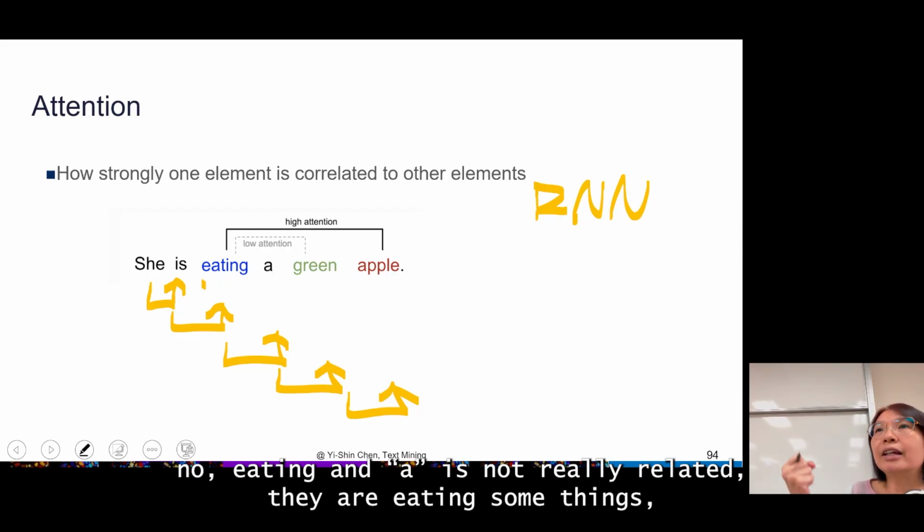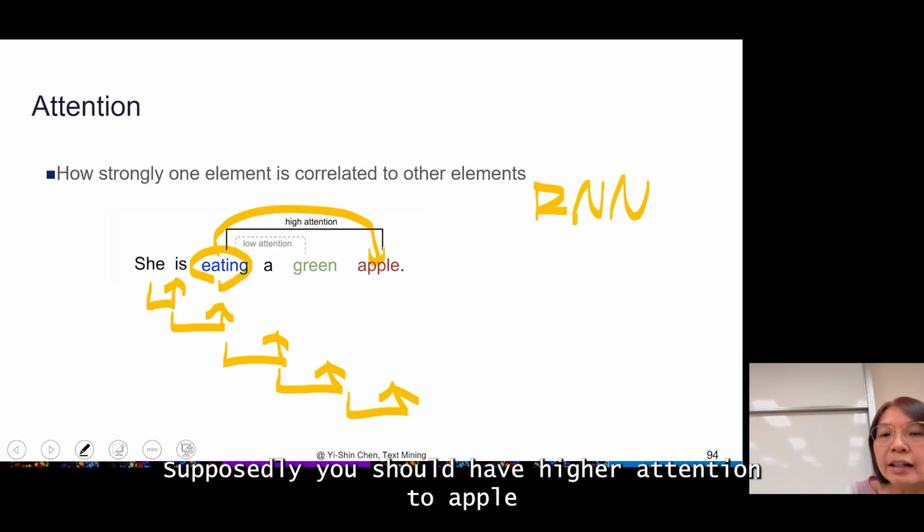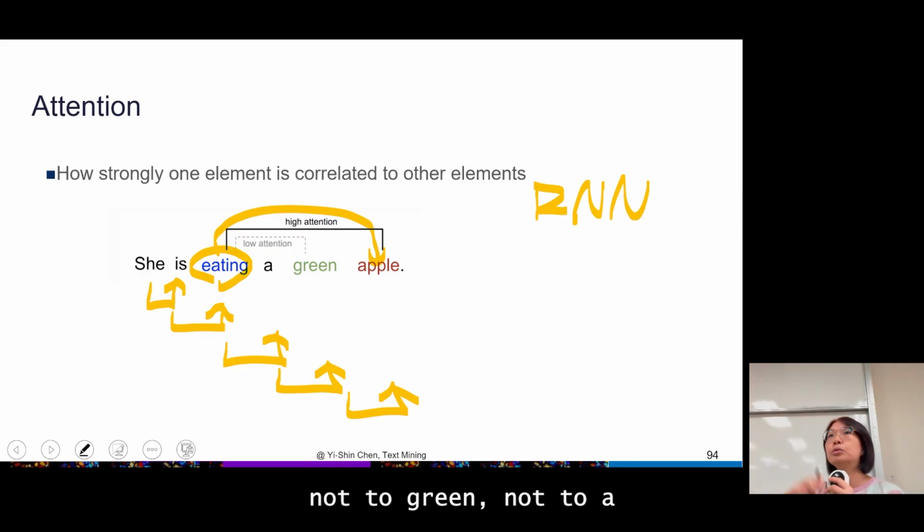They are eating something, they are eating an apple. So eating should have higher attention to apple, not to green.